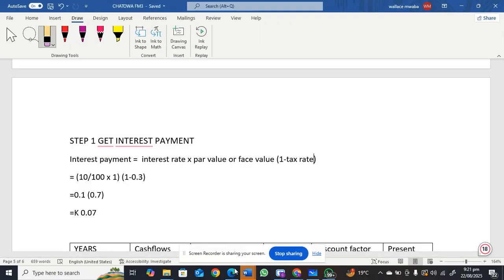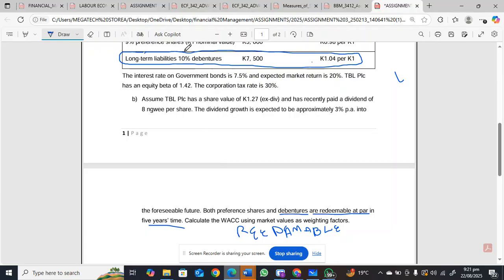So in our question, the interest rate is 10%. The par value is this 1 kwacha here. So when you buy this debt, after 5 years, when it matures, you'll be paid this same 1 kwacha. Okay. The tax rate is here, 30%.